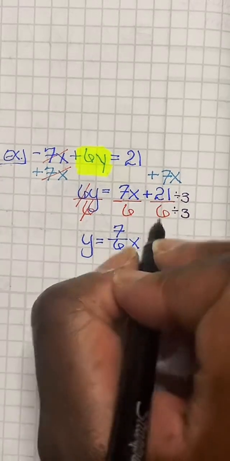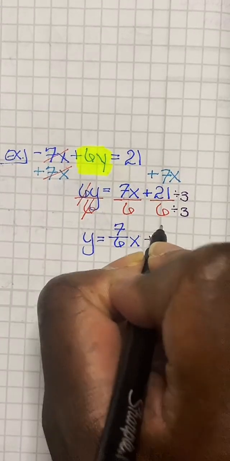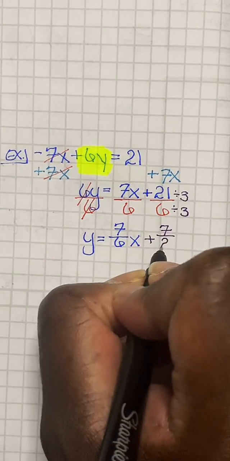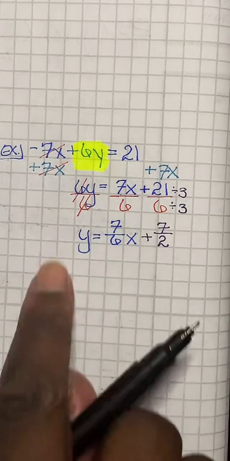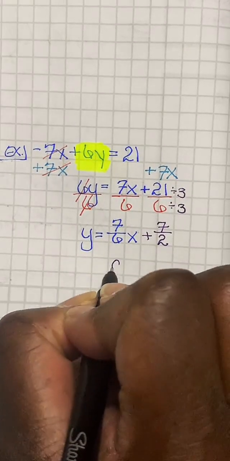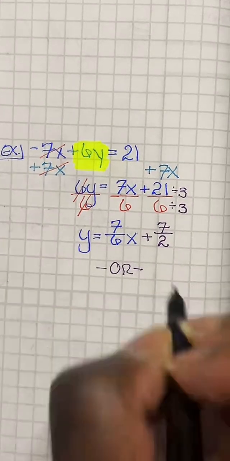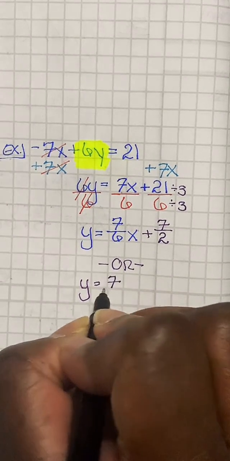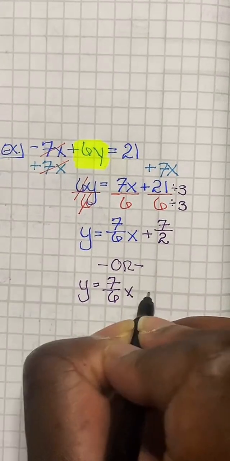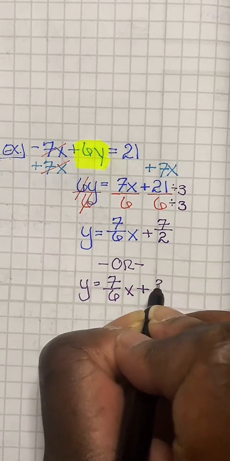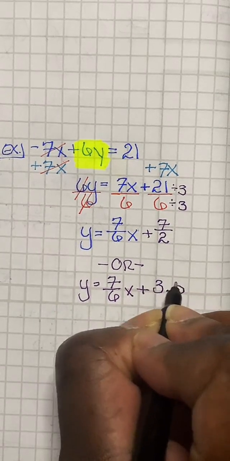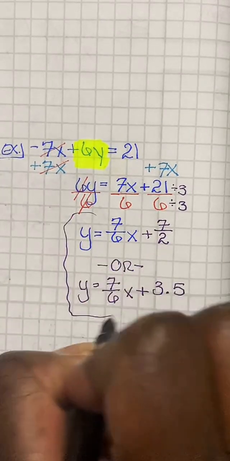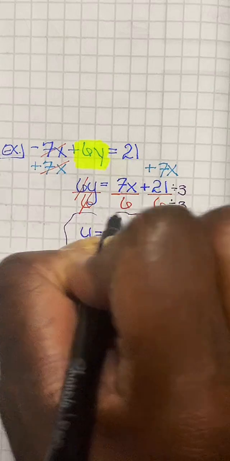So 21 divided by 3 is a positive 7, and 6 divided by 3 is 2. So you could leave it as a fraction, or it could be y equals 7/6 x plus 3.5, or 3/2. Either one of these will work.